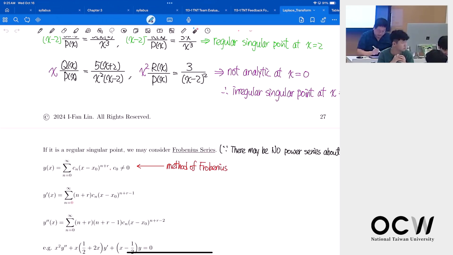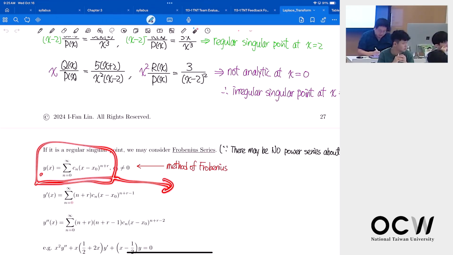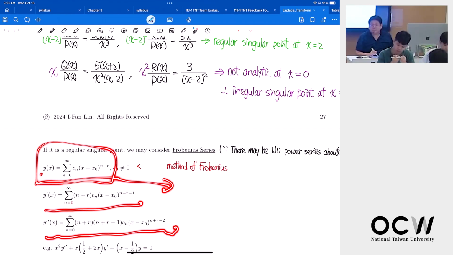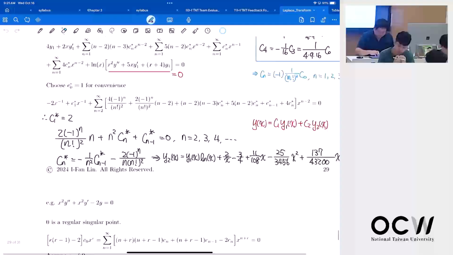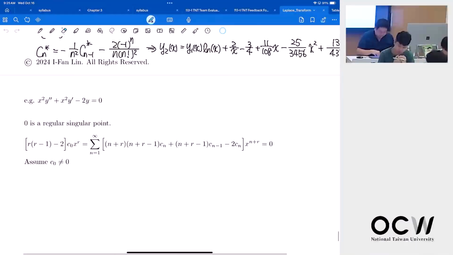Okay, then once you remember this, you can take the derivative to get the first derivative expression, and then the second derivative expression.